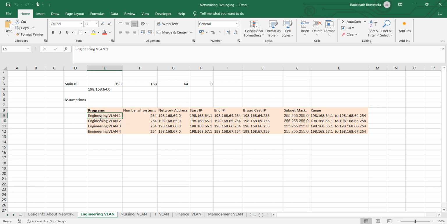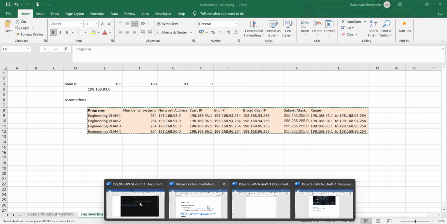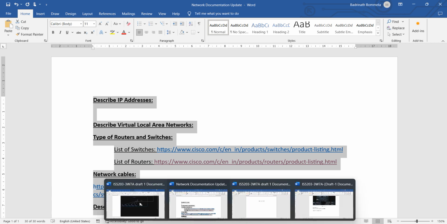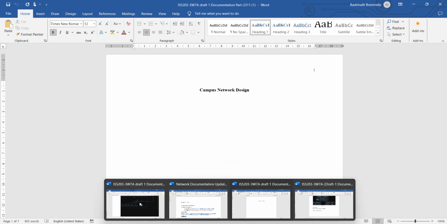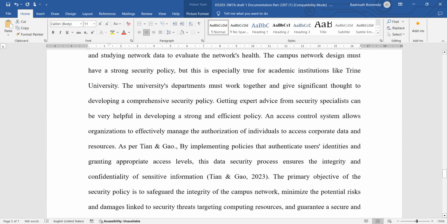Whenever you open this image, these values are automated, so they change automatically. So what I want you to do is copy all the respective VLANs into your document first.